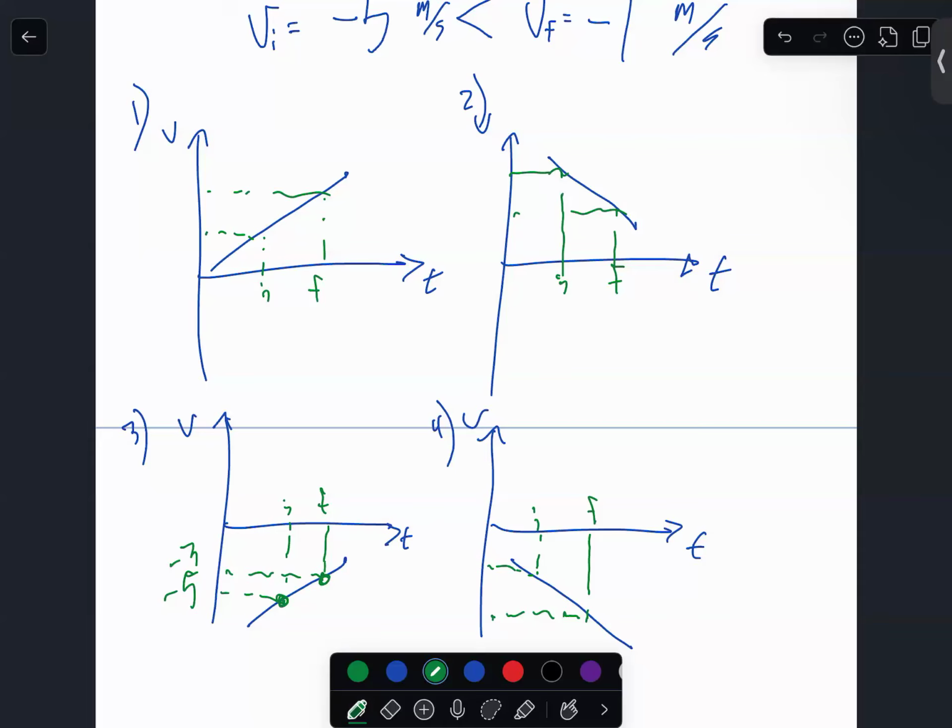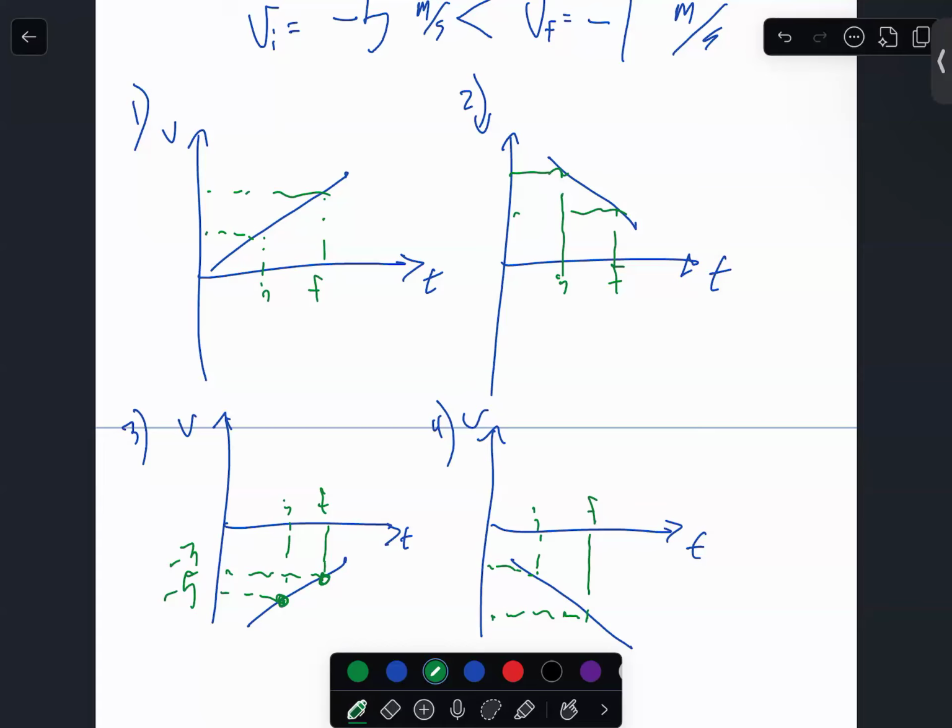Absolutely. I mean, anything along this slope, if the slope is positive, whether that be this part or this part, an upward slope, increasing velocity. Look at any 2 points along the number line. I'm going up the number line. From initial to final, I'm increasing velocity.